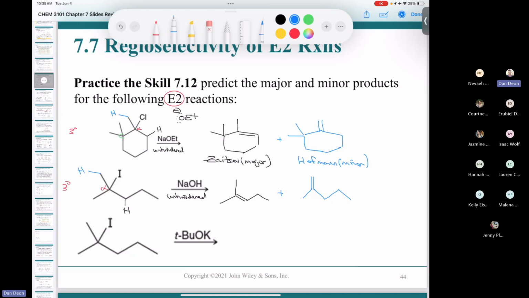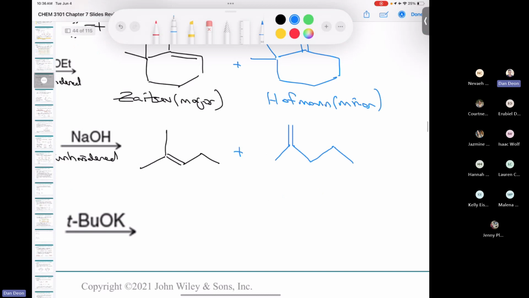Between the blue and the black, which one is going to be the Zaitsev product? Would it be the black one or the blue one in this case? Which one is more substituted in terms of your alkenes? The black one is the Zaitsev. Great, thanks, Isaac.